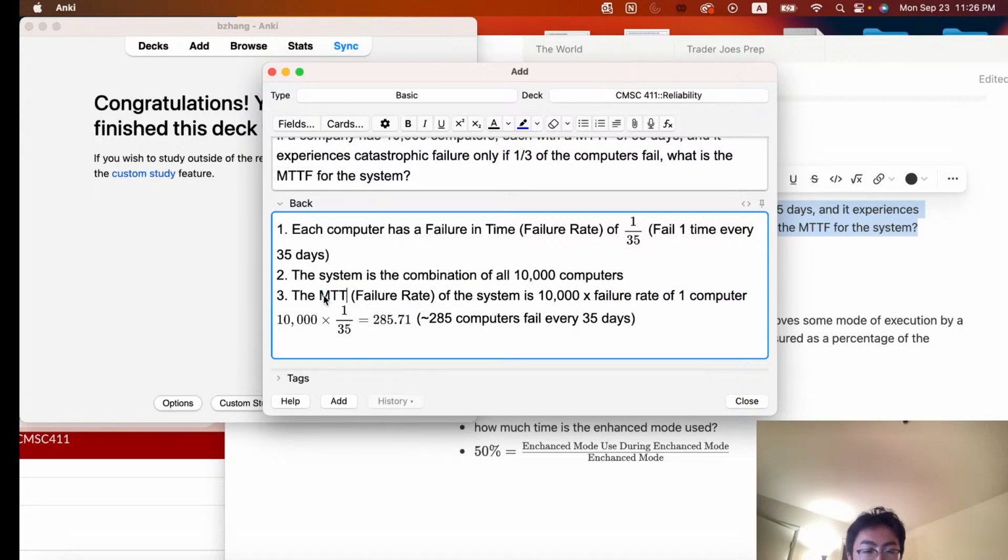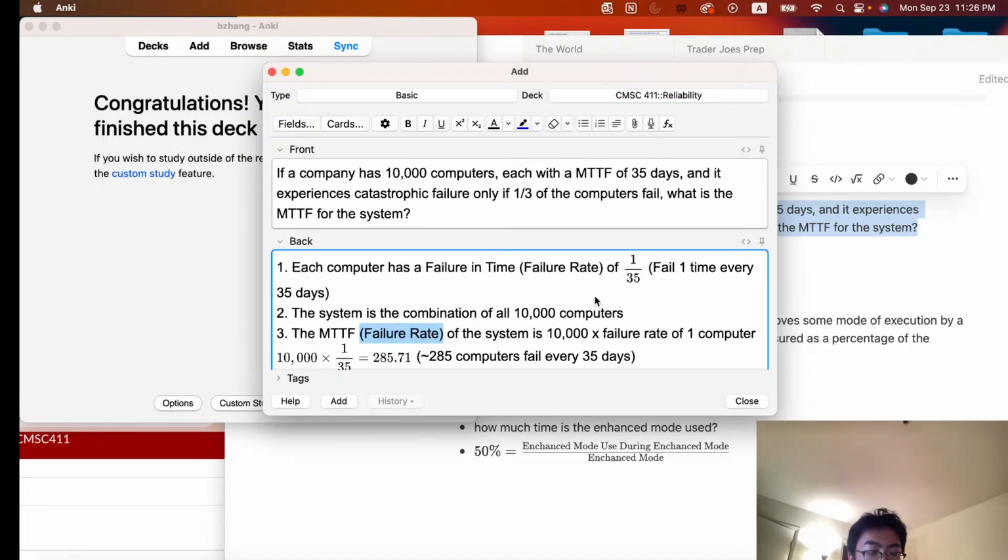The mean time till failure of the system is divided by 10,000.